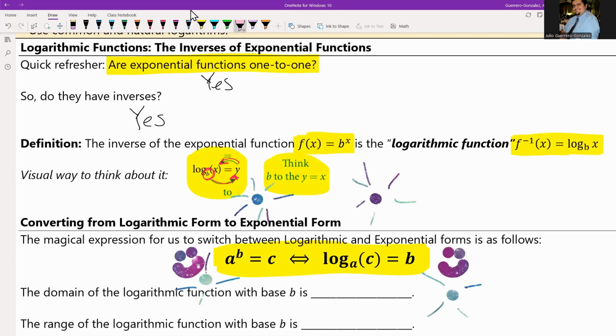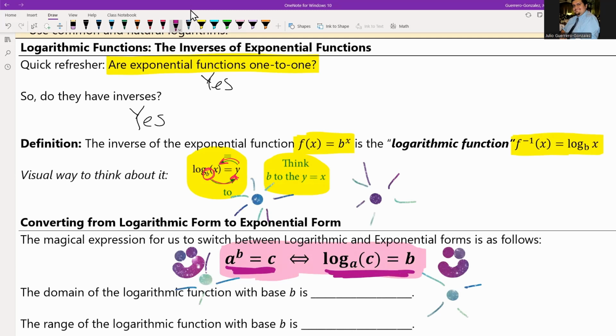This one I'm going to highlight in pink in particular. This is the key for converting a logarithmic thing into an exponential thing and vice versa. Okay. So if you have the left-hand side, you can turn it into the right, and if you have the right-hand side, you can turn it into the left, okay?